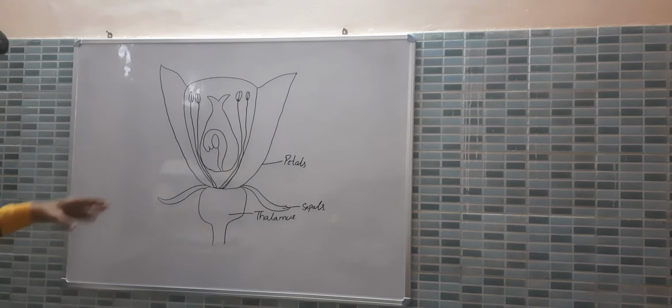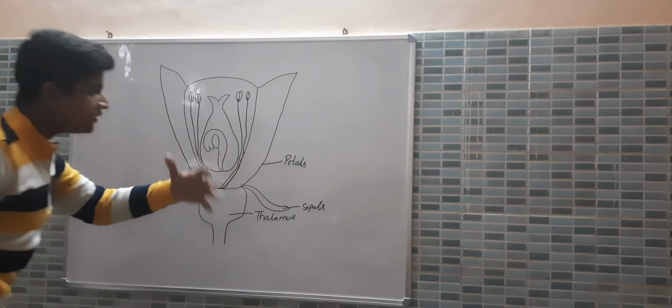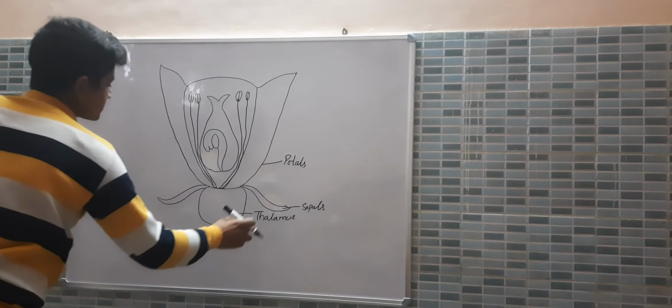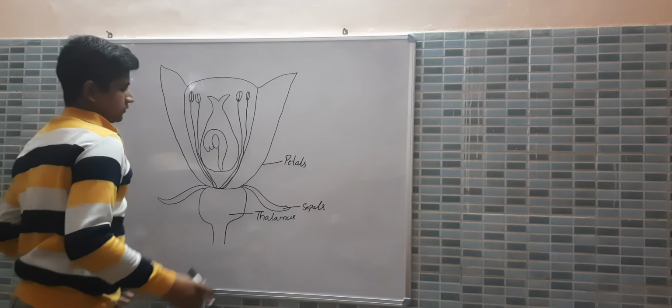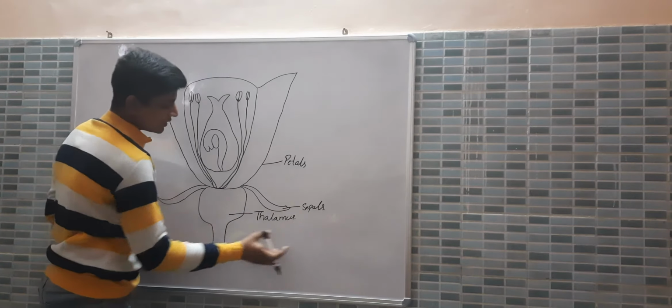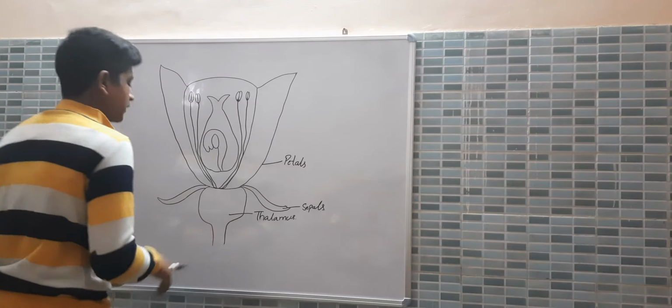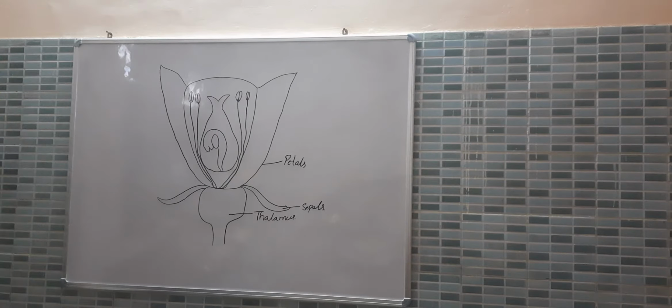Here, do you see that this part is called petals, the greenery part, the down part leaves, are called sepals, and the swollen bottom part of a flower is called thalamus.